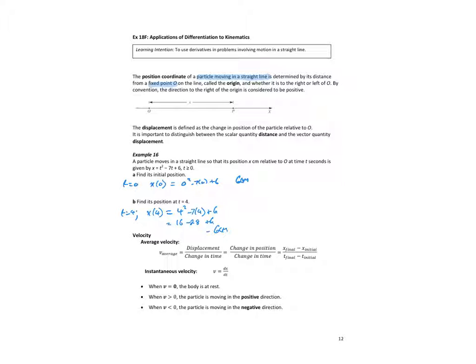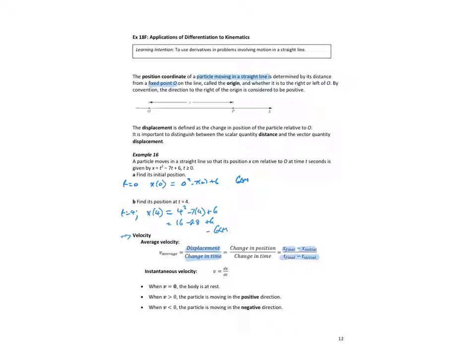Let's talk about some other terms. So there's my displacement. My velocity, or my average velocity, is the change in the displacement over the change in time. So notice that it's the change in displacement, which means where I finished to where I started over the time it's taken me to do that.